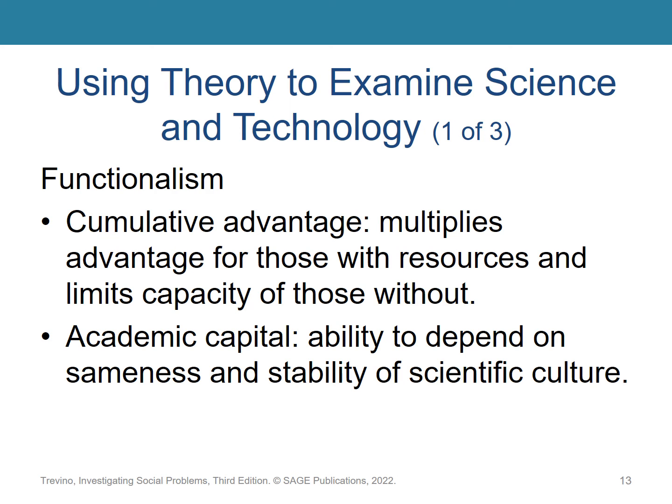We talk about the theories that we use to examine science and technology: functionalism, cumulative advantage. So cumulative advantage multiplies advantage for those with resources and limits the capacity of those without. Academic capital is the ability to depend on sameness and stability of scientific culture.